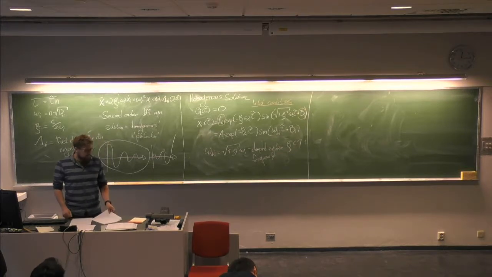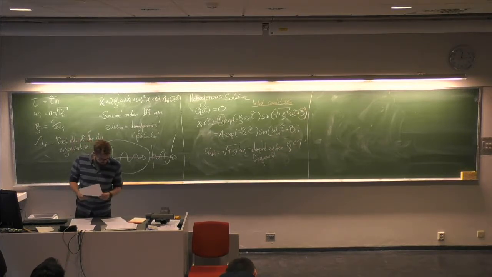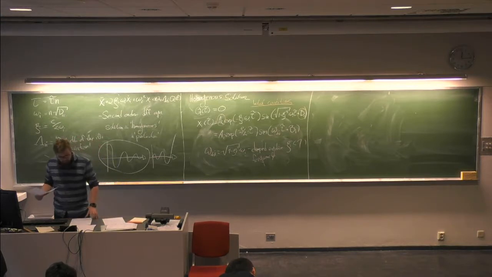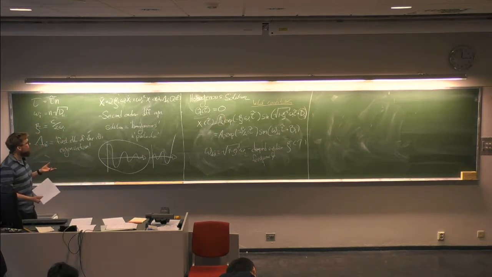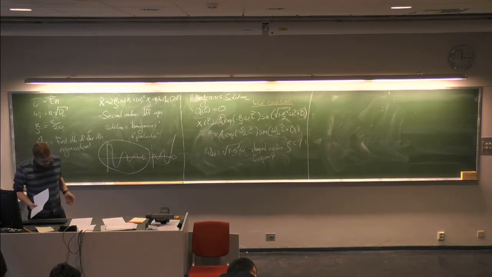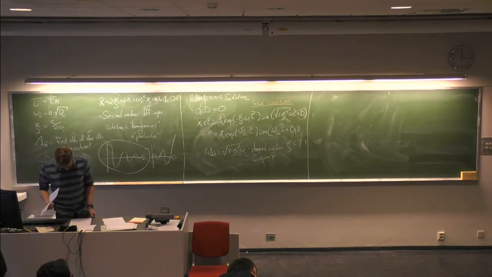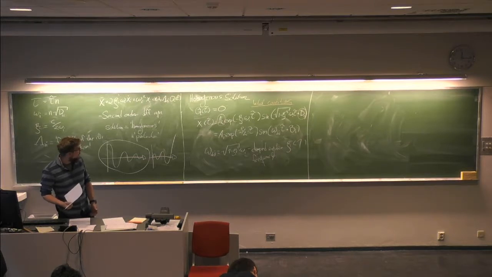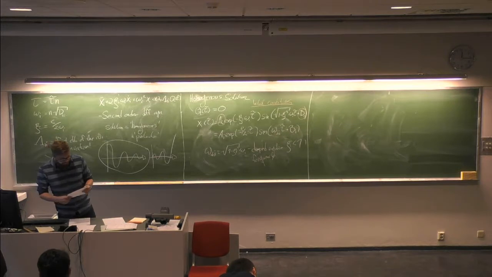Okay, the particular solution, though, is more difficult to find. The general thing you do here is you make a guess, and then you see if this works. If it doesn't work, you try to guess again. So that's what we're going to do. We're going to try to make a guess, and then fit it to the equations such that it works.